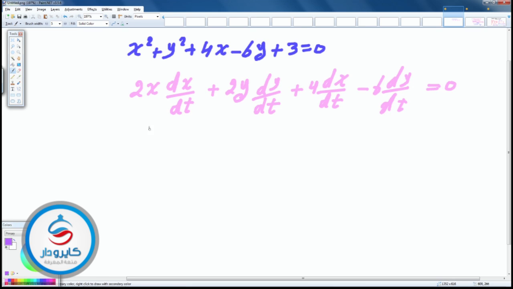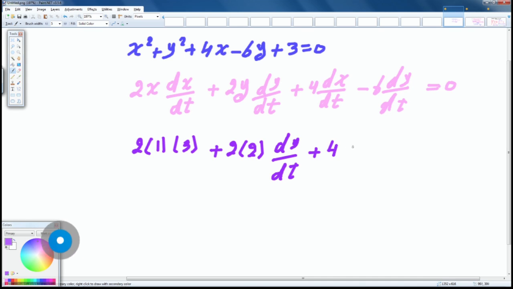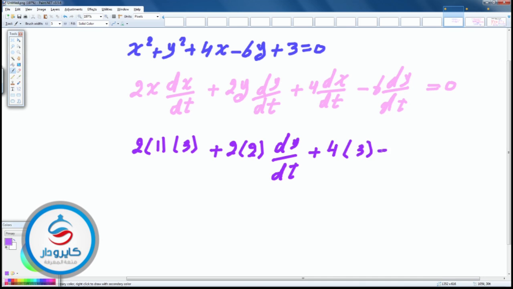We have to make a substitution, so 2 times 1 times dx over dt, which is equal to 3, plus 2 times y, which is 2, times dy over dt unknown, plus 4 dx over dt, which is 3, minus 6 dy over dt equals 0.